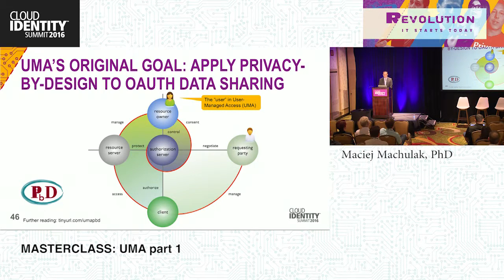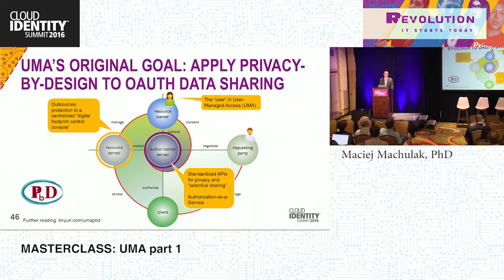The resource owner is really the user, who has the resources and manages access to them. The resource server simply delegates authorization to a specialized component. So instead of managing that on its own, it talks to an authorization server, which provides a standardized API.